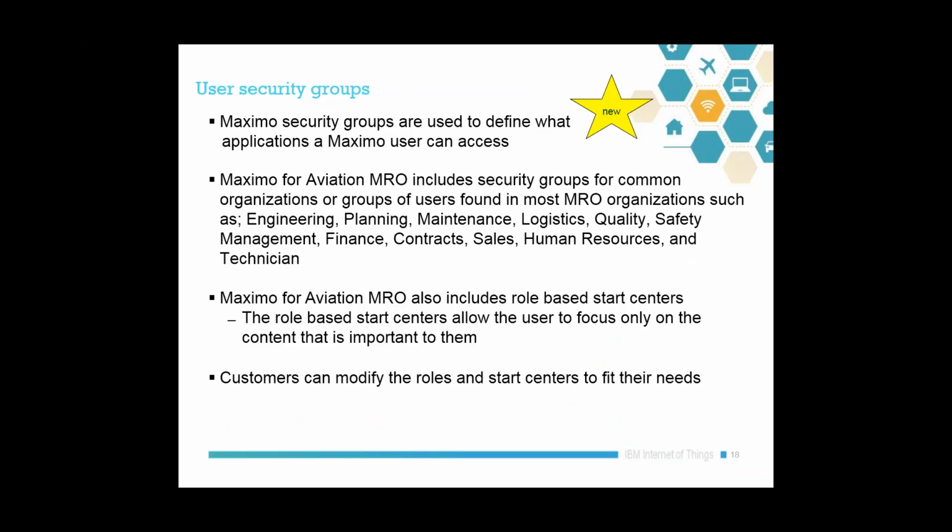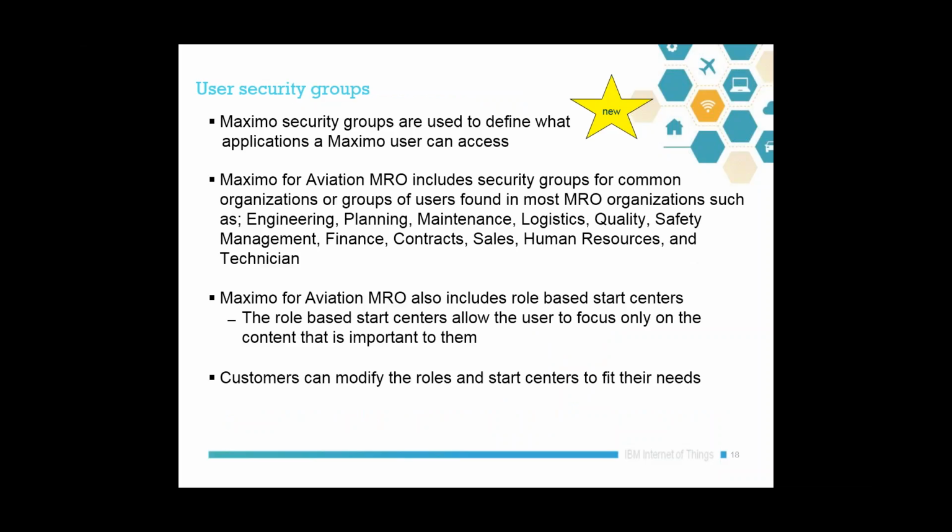Another area that's really exciting: we started out earlier in the presentation showing the organization chart, and Stan went into some of the key functional organizational areas. While Maximo has had security groups for a long time, one of the new things we've done is provide security groups that directly map to each of those functional areas.